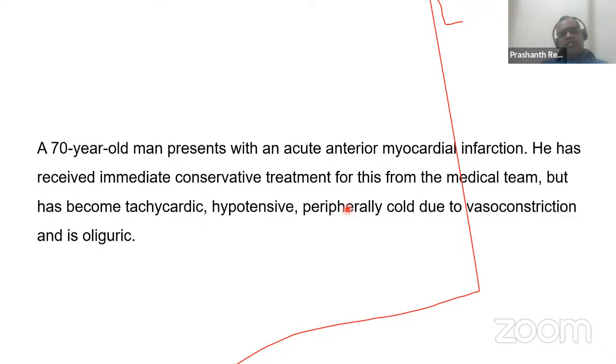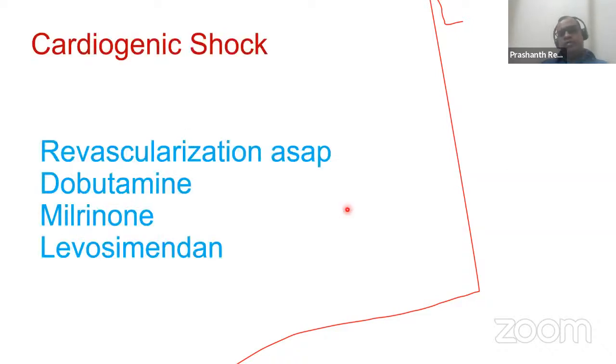The second case scenario is a 70-year-old man with acute anterior myocardial infarction who received immediate conservative treatment, but is having tachycardia, hypotension, cold peripheries, and oliguria. This picture typically resembles cardiogenic shock. Here, as I said, revascularization.